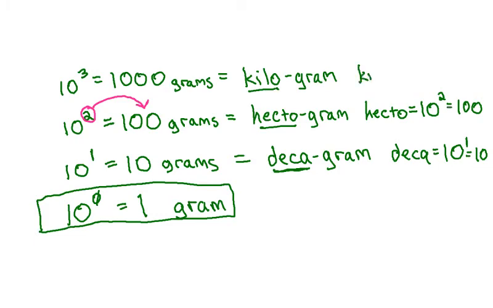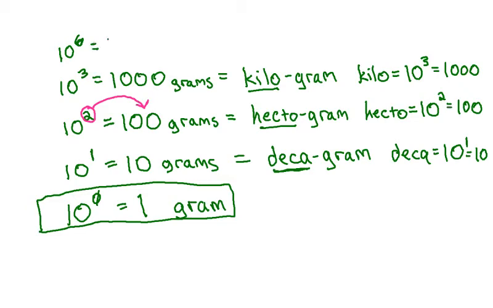So kilo is 10 to the third power, otherwise known as 1,000. And then we have 10 to the fourth, or I'm sorry, let's skip ahead and go to 10 to the sixth now. There really is no metric equivalent to 10 to the fourth. So 10 to the sixth.